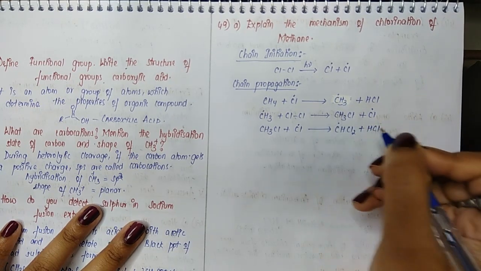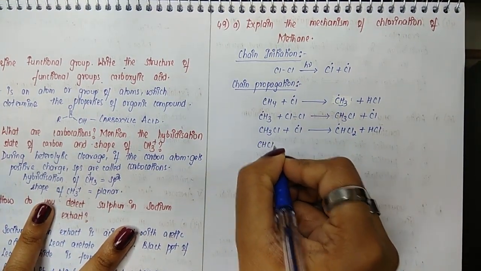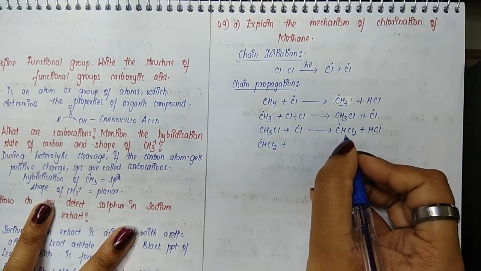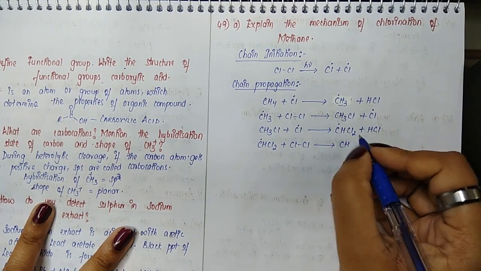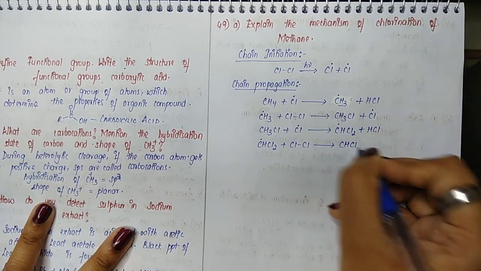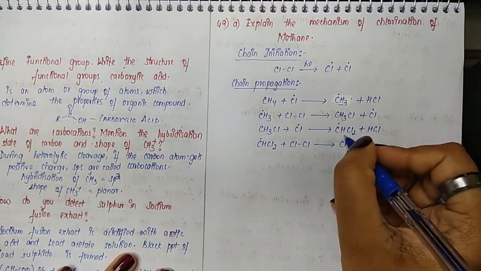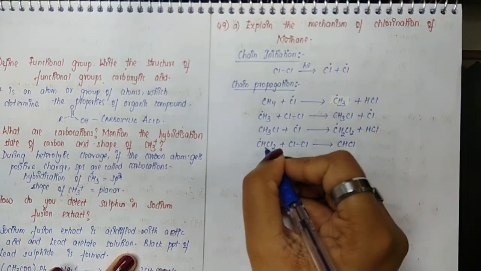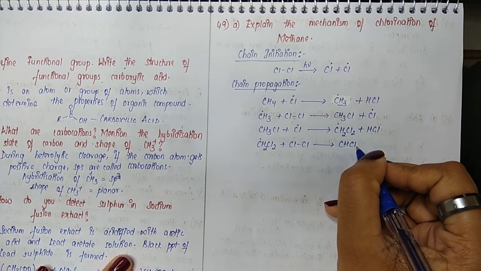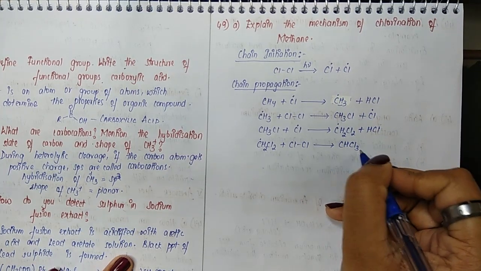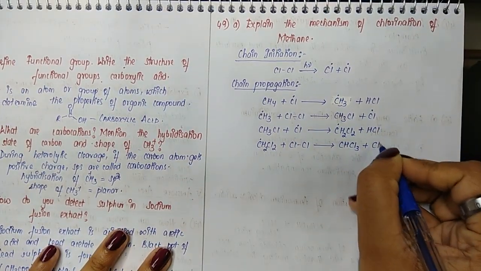And you will get CHCl2 dot. Now this will react with Cl2 molecule to give CH2Cl2 plus a Cl dot.